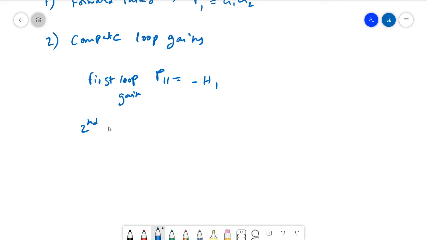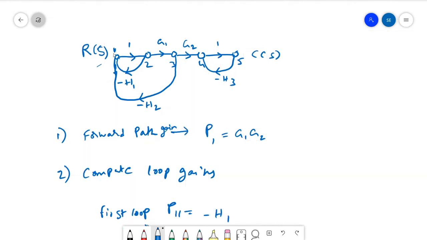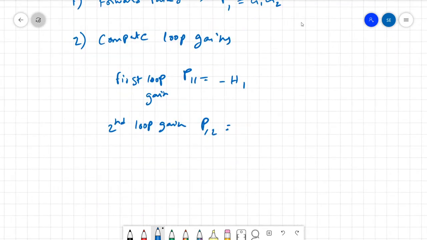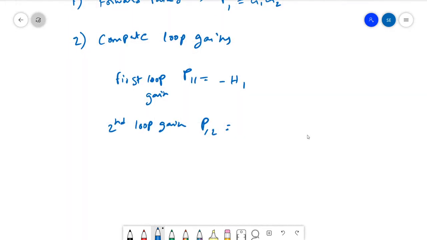The second loop gain, P12, is G1 into minus H2. Here anyway it is 1, it is just a product. So G1 H2, and it is actually minus, so we'll write it minus here.